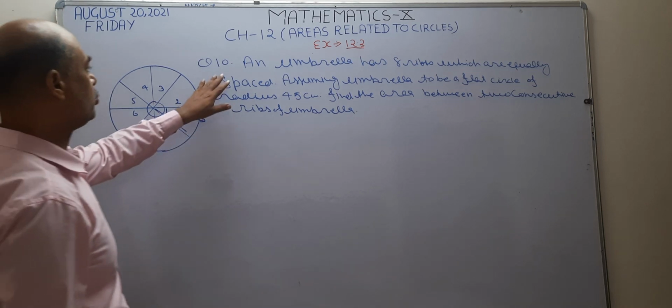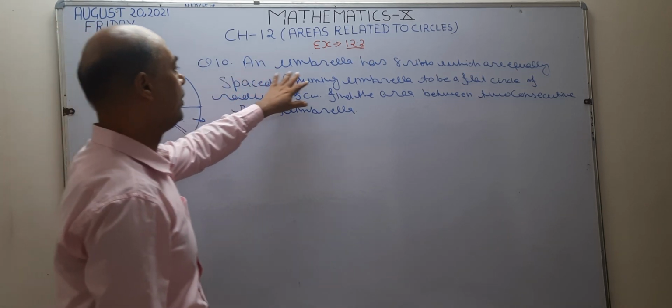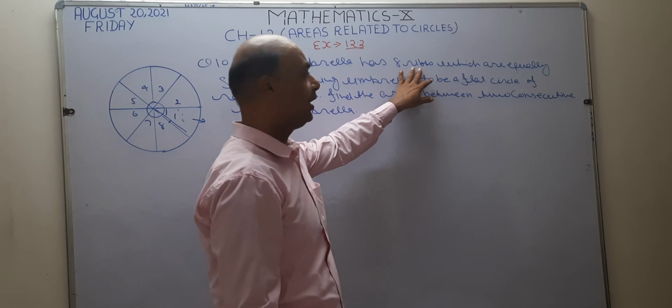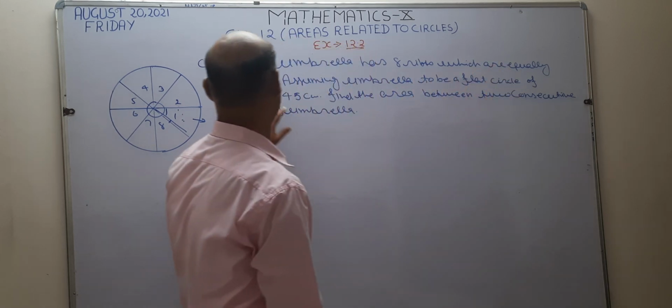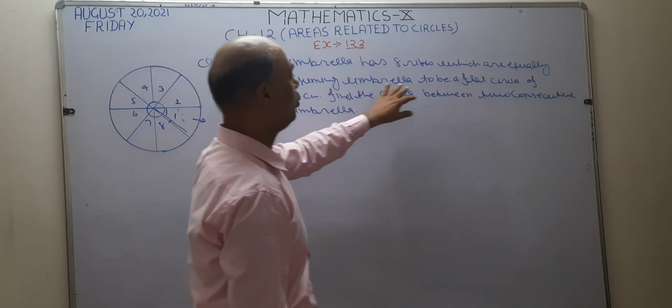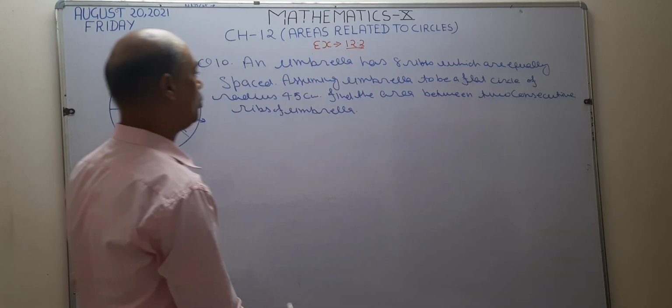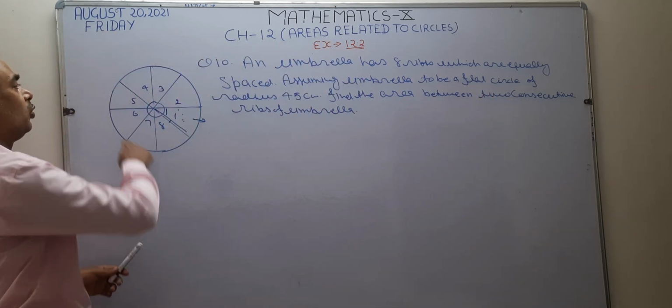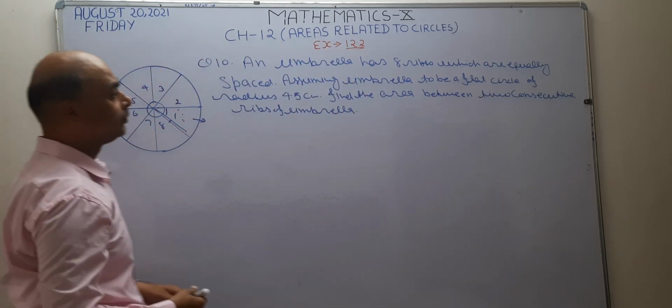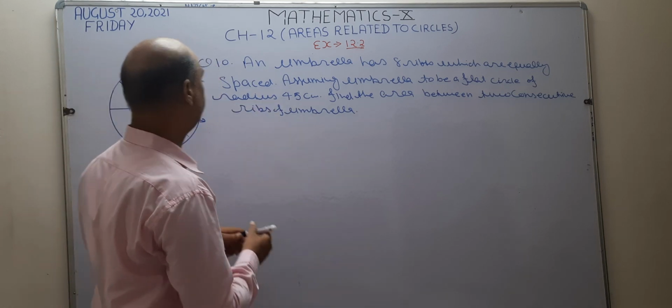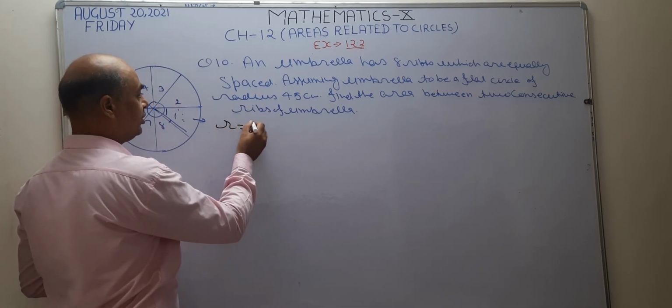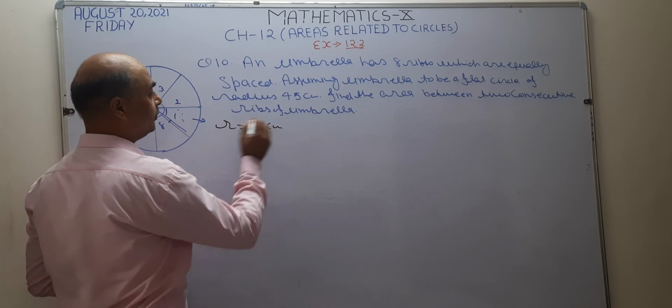Now we are going to start question number 10. An umbrella has 8 ribs, okay, which are equally spaced. Assuming the umbrella to be a flat circle, we are going to suppose that from the top the umbrella looks like this shape. Okay. Radius is given. Radius becomes 45 centimeter.